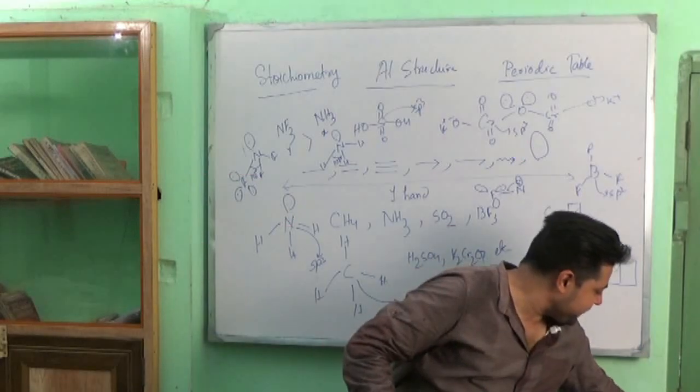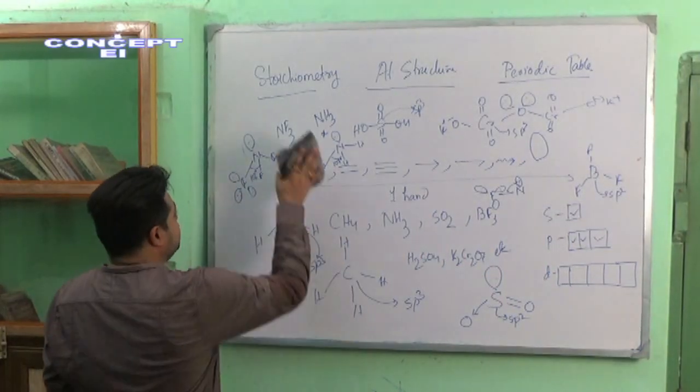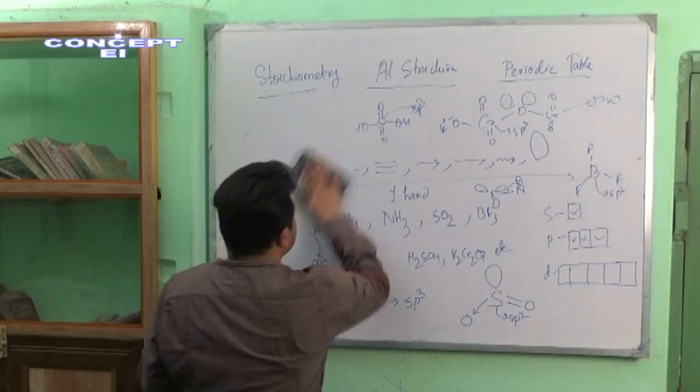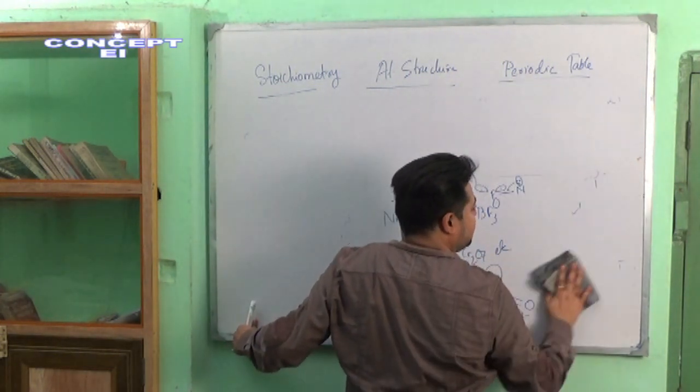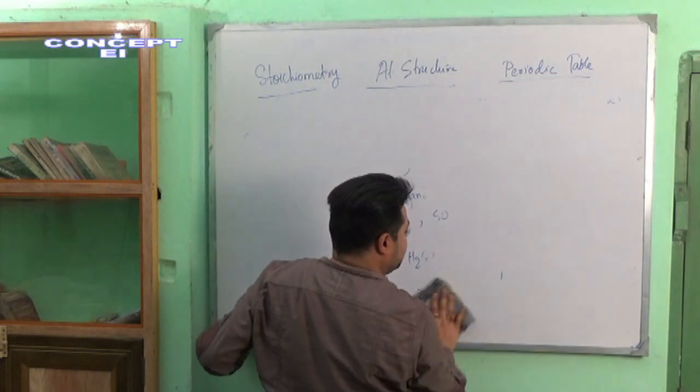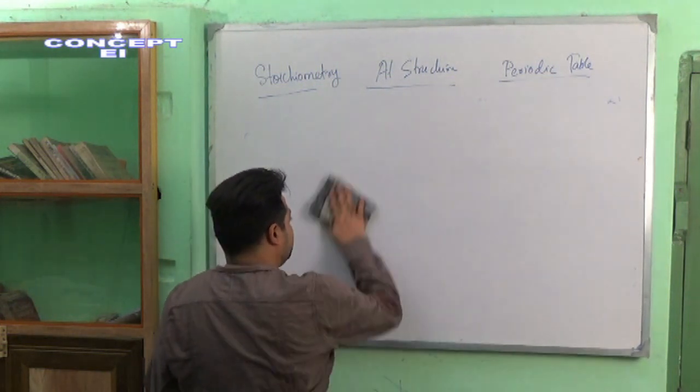Now, after all, we will know how many types of hybridizations are there and what are their geometries.